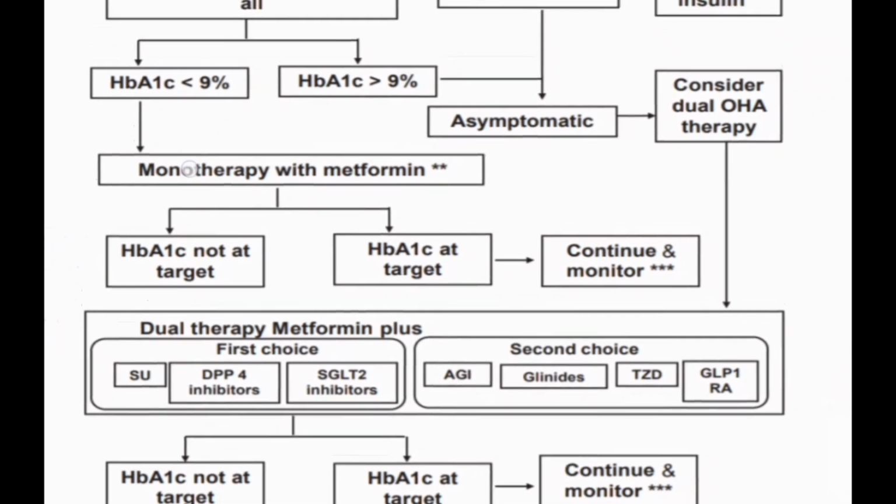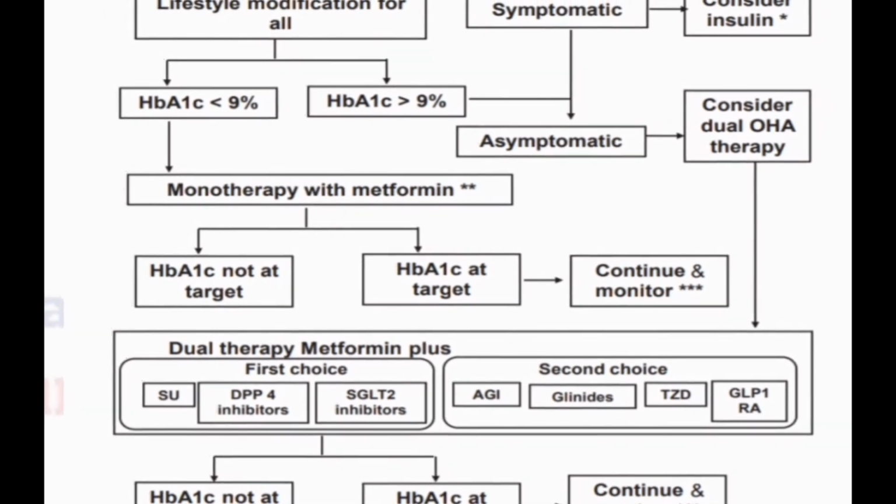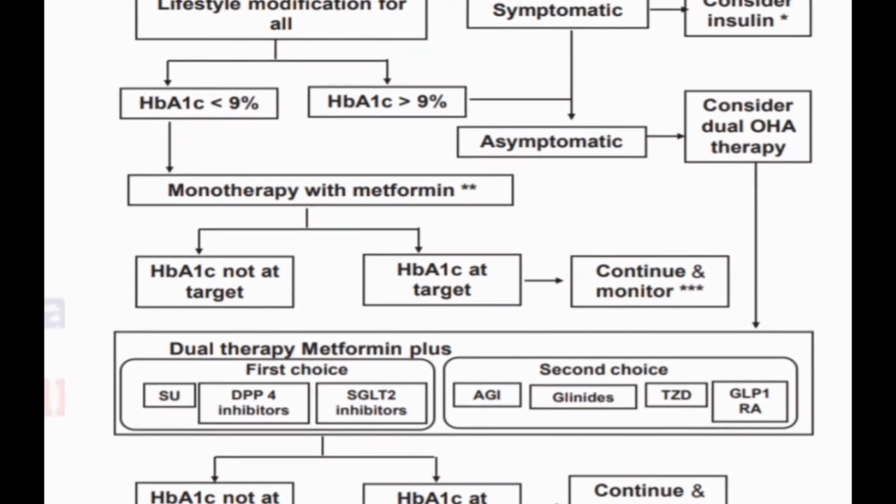But if with monotherapy with metformin the patient's HbA1c is at target, that is less than 7 or 7 to 8, you can continue and keep on monitoring this patient.